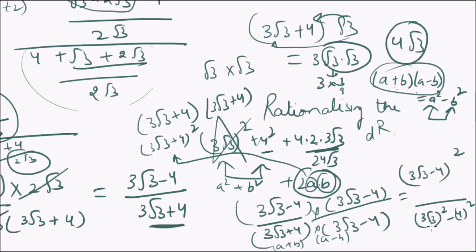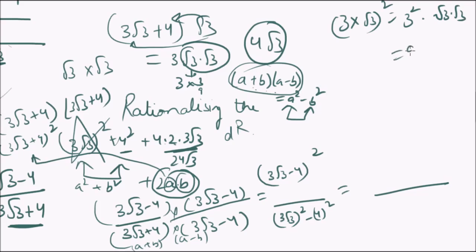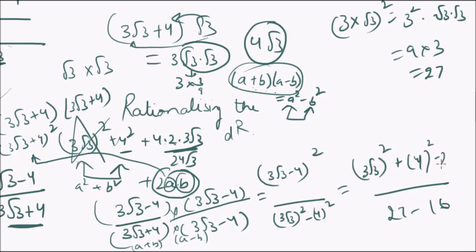If we solve the denominator, we get 3 into under root 3 whole square, that is 3 square into under root 3 into under root 3, or 9 into 3, that is 27. And 4 square is 16. At the numerator we have a square, that is 3 under root 3 whole square, plus b square, that is 4 square, minus 2 into a into b.